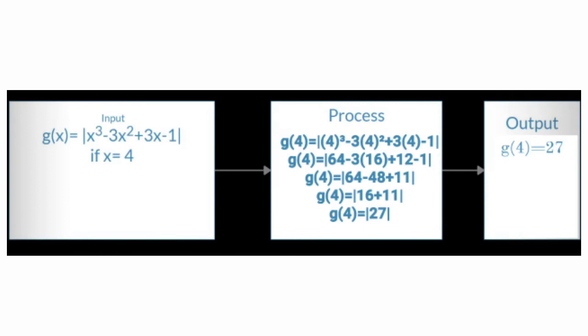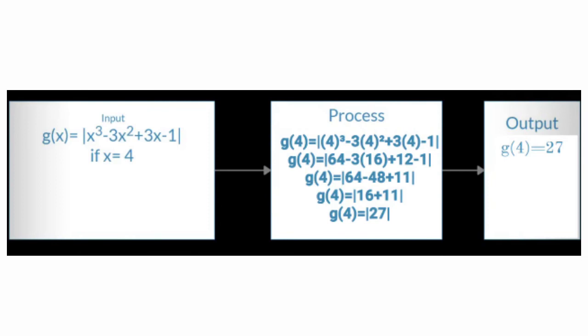If our x is 4, in the process, g of 4 is equal to the absolute value of 4 cubed minus 3 times 4 squared plus 3 times 4 minus 1. Using the rule of PEMDAS, we're going to execute first the exponents. 4 cubed is equal to 64 and 4 squared is equal to 16.